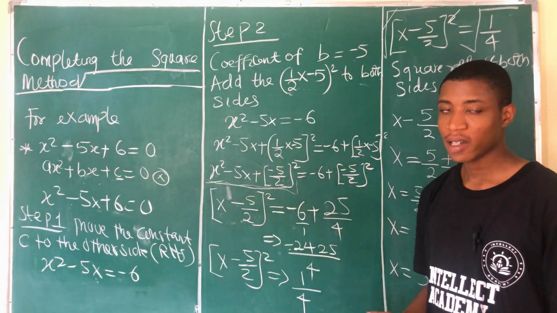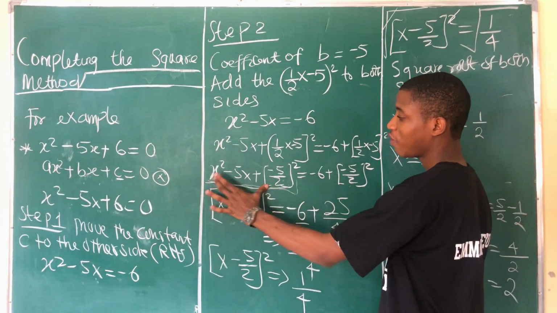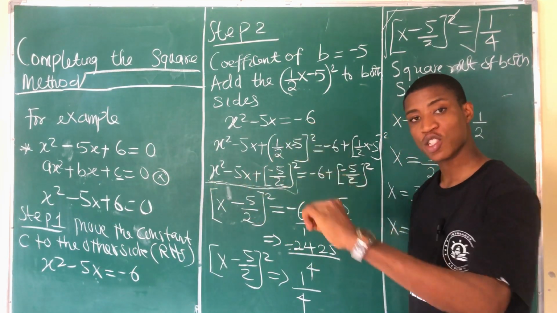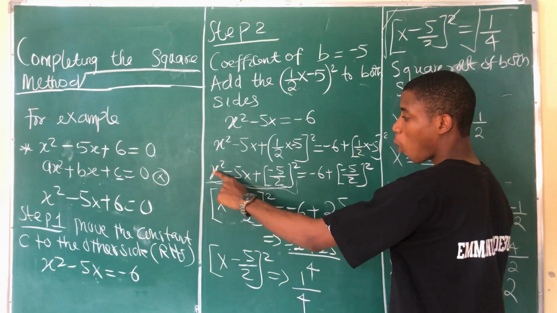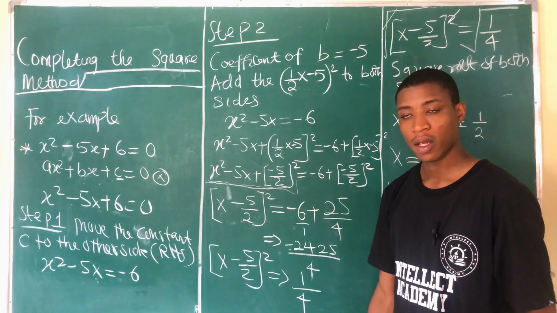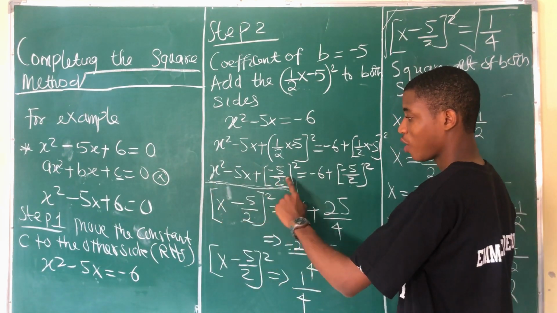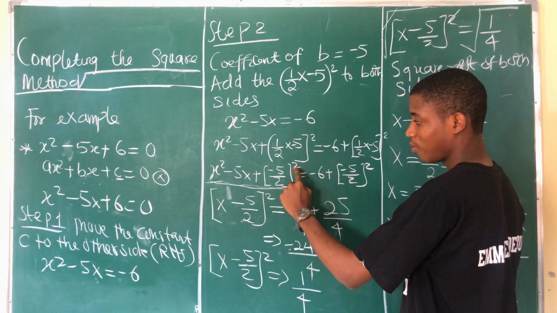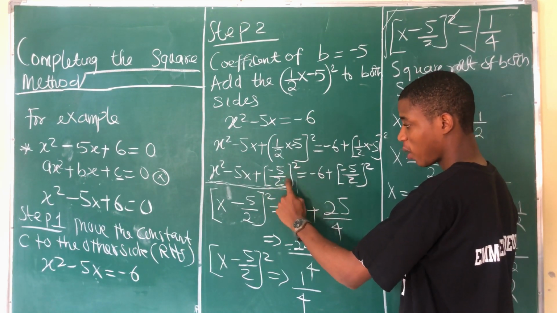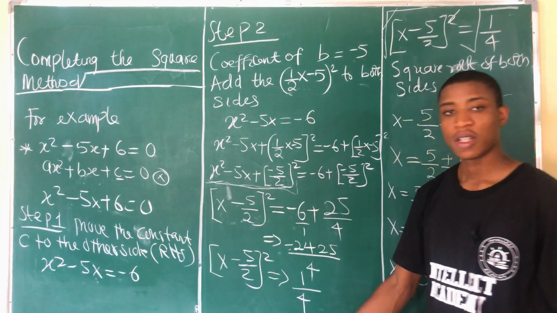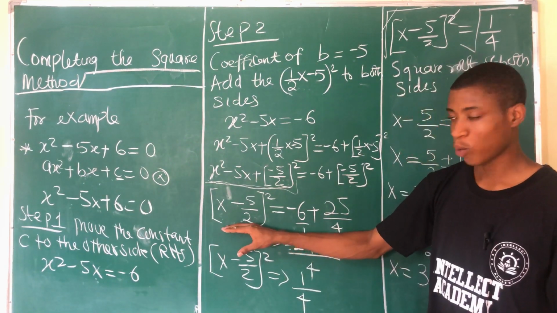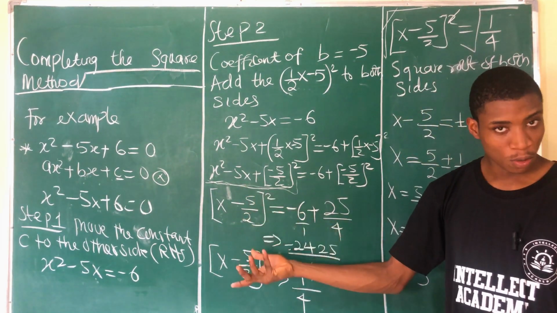And we said a very vital rule that in the case where you have this scenario, in the completing the square method, you must take one of those numbers that has square. So if you have x squared, take x, and if you have negative 5 over 2 all square, take 1, which is 5 over 2. Then group how this step was equal to this step, so therefore it's correct.